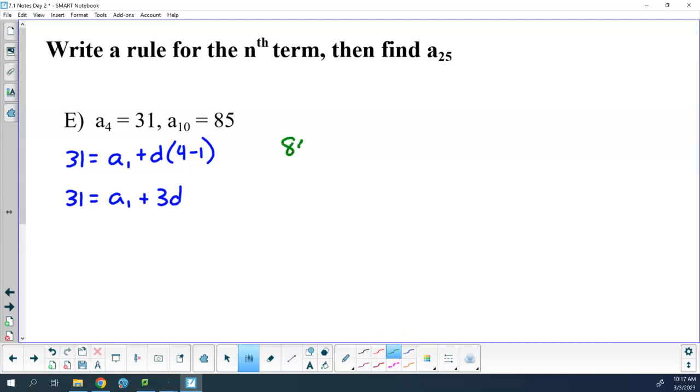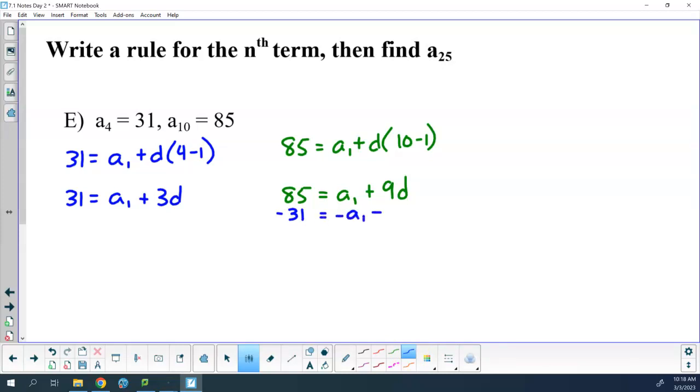Then we've got 85 is equal to my first term plus my common difference times 10 minus 1, otherwise known as... 1 equals negative a sub 1 minus 3d. That gives me 54 equals 6d, which is 9 is my common difference.